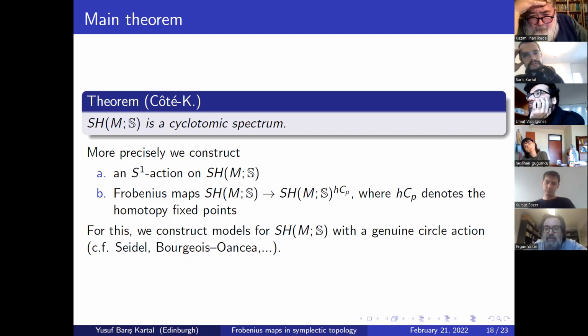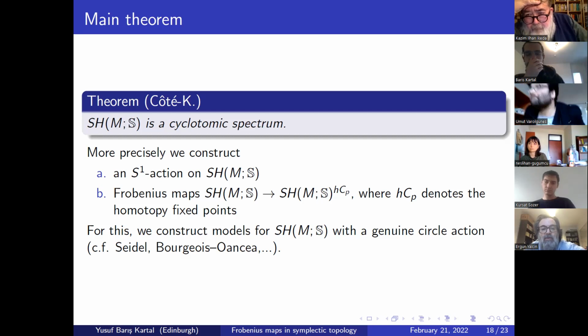Can I ask a question too? I'm sorry. Sure. I don't know this topic very well, but you have a genuine C_p action, right? So you have a genuine C_p fixed point spectrum that comes from those C_p fixed points. So how does that compare to homotopy fixed points that you define here? They're not giving you the same thing, I assume. I think there's something funny.